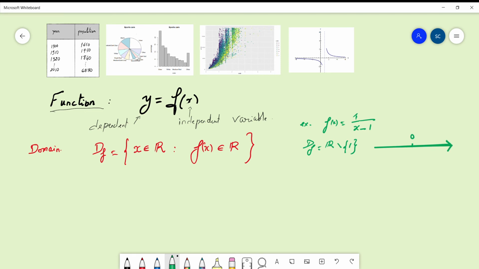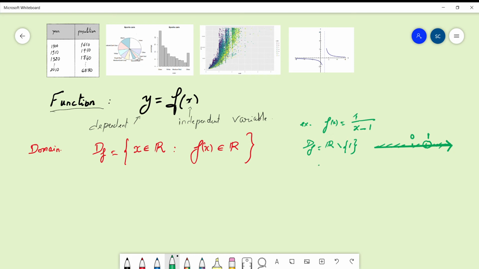Here is 0, and here is 1, for example. There is another way to express the domain instead of sets or descriptions like this one: we can use interval notation. The only value causing a problem is the value 1, which must be avoided. The remaining values can be considered included in the set.